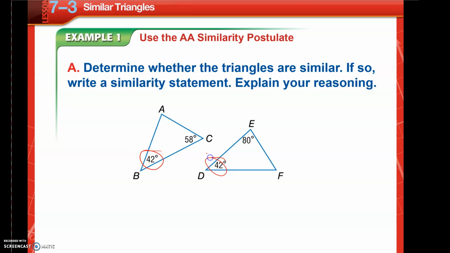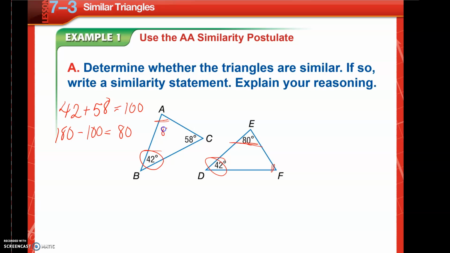We see there's two 42s, so we need to know, is this third angle equal to 80, or is this F angle equal to 58? So just like we did before with angles of a triangle, we can take 42 plus 58, which gives us 100, and then 180 minus 100 gives us angle A, which is 80.